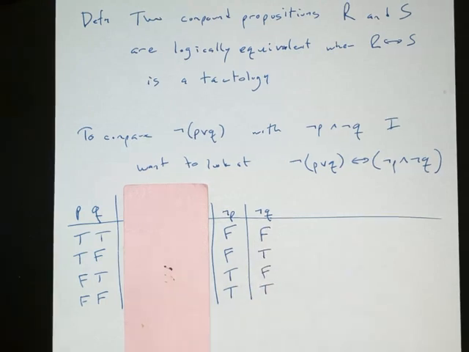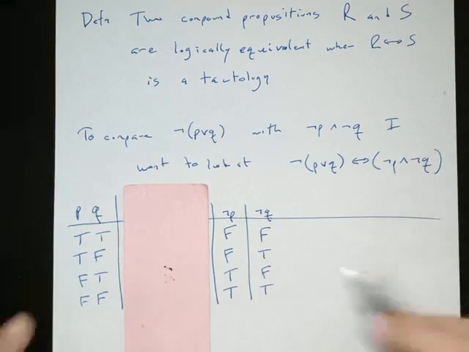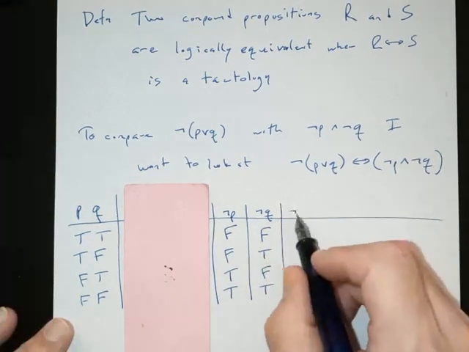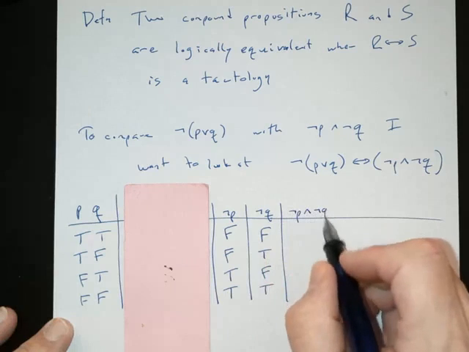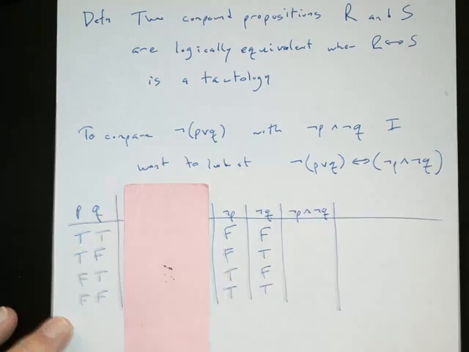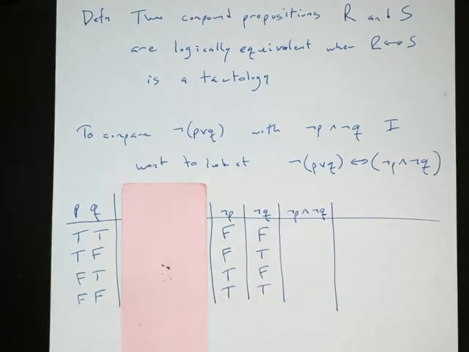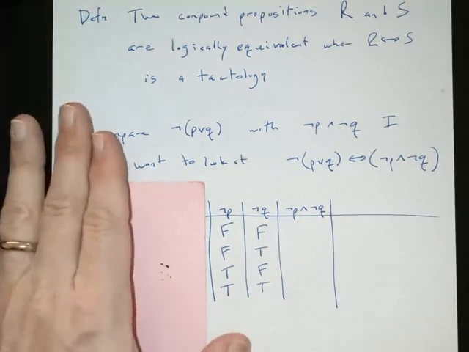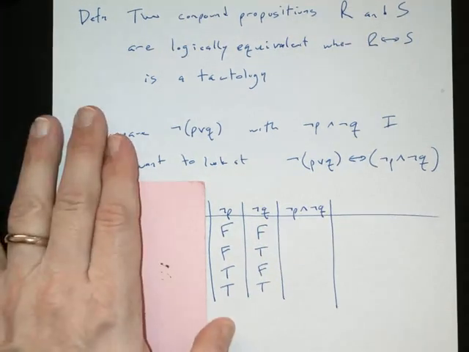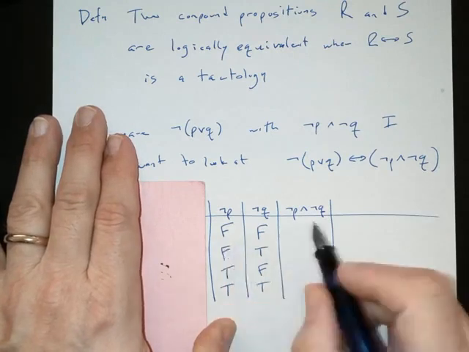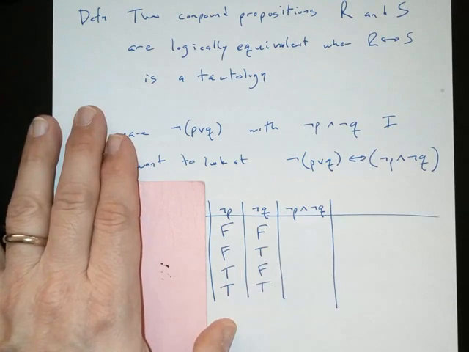Then my not Q column, and then I AND those together. Yes? AND. Notice now, I don't even have to look here. The AND only refers to these two columns. So everything else that came before those is irrelevant at the moment. AND is true when, false when.